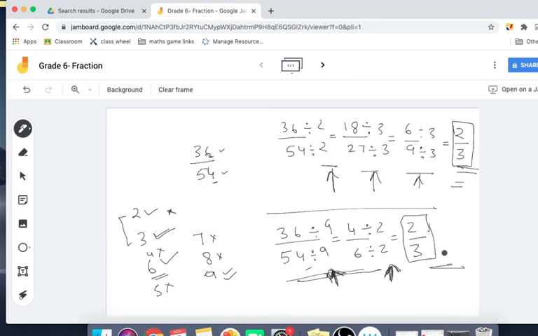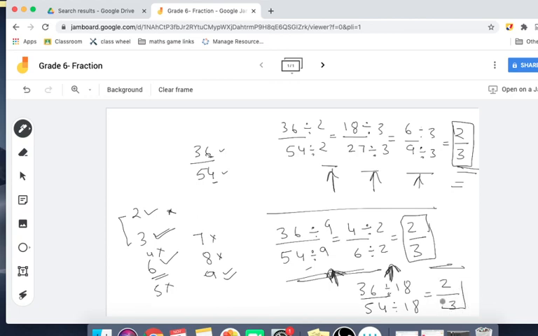So you can try any method you want and solve it. Yes, you can even solve it by dividing only once. If you divide 36 and 54 by 18, you can directly get the answer: 36 divided by 18 is 2 and 54 divided by 18 is 3.